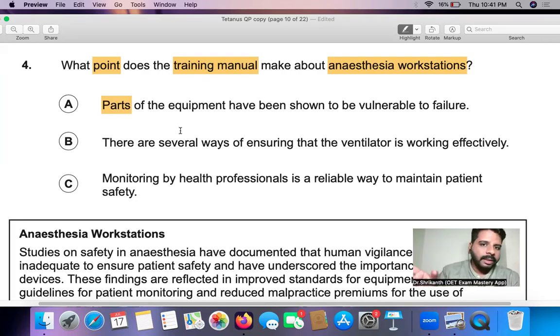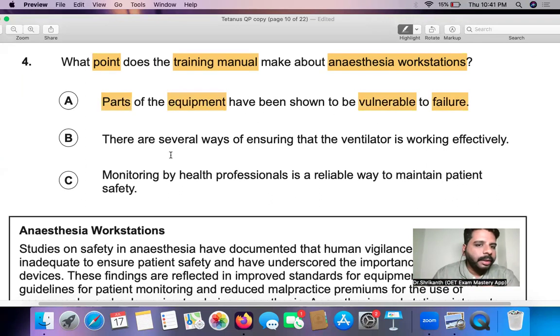There will be two wheels, an accelerator, a seat, an engine, a headlight, and all that. So over here, parts of the equipment, not every part, but some parts of the equipment have been shown to be vulnerable to failure. Vulnerable means what? Highly possible. It is highly possible to experience failure. So that is the point that this training manual is giving us: parts of the equipment are vulnerable to failure.